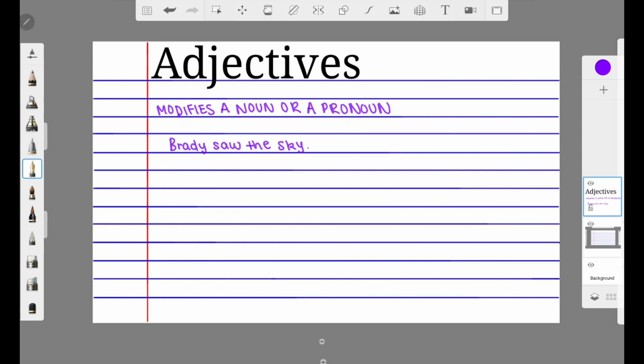We have a simple sentence. Brady saw the sky. Now let's add some adjectives to make it a little bit more interesting and descriptive.